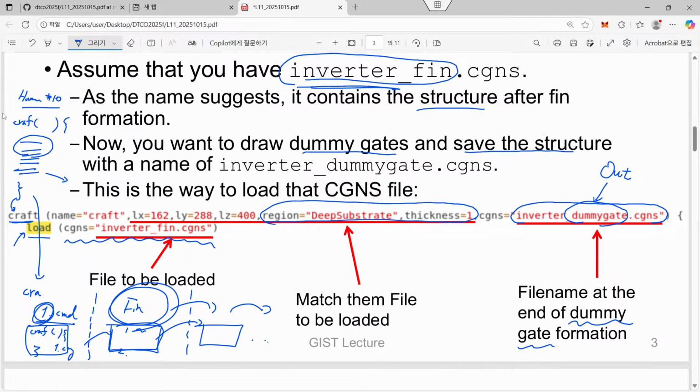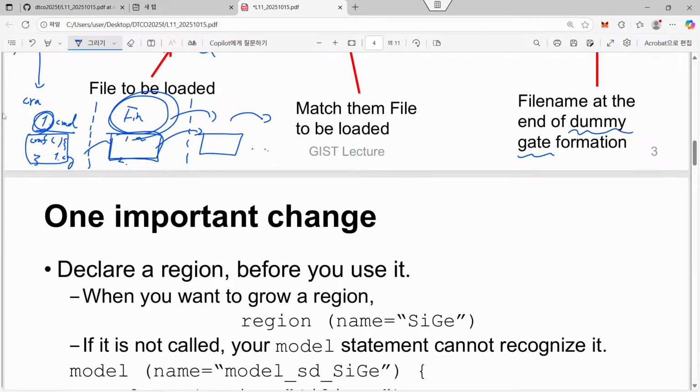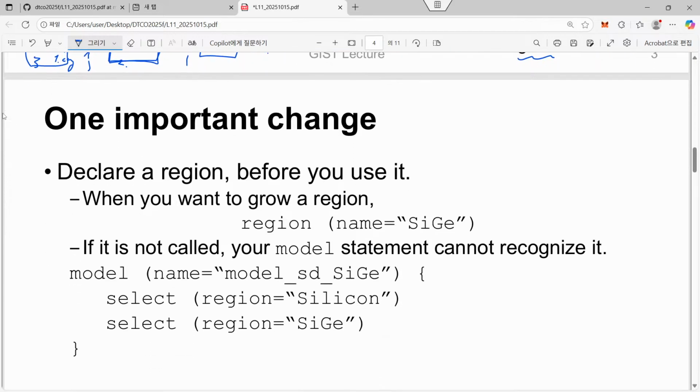Another important announcement is, in order to correspond to the increasing needs for this Ångström Craft, I have changed the internal behavior of our deposition, and especially the deposition code. Previously we were able to just name a certain region if we wanted to make one.